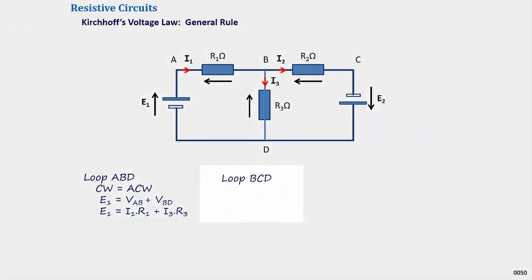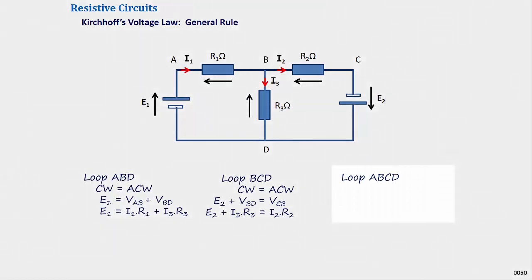For loop BCD, clockwise voltages equal anti-clockwise voltages. So E2 plus VBD equals VCB. Applying Ohm's law, E2 plus I3 times R3 equals I2 times R2.